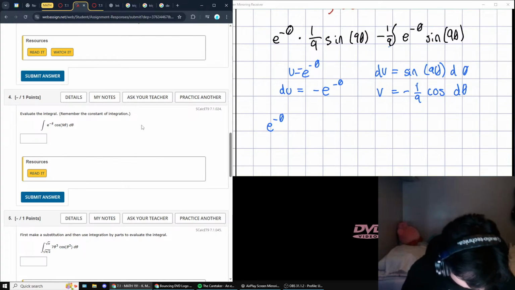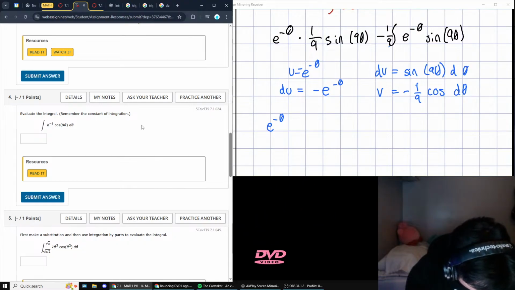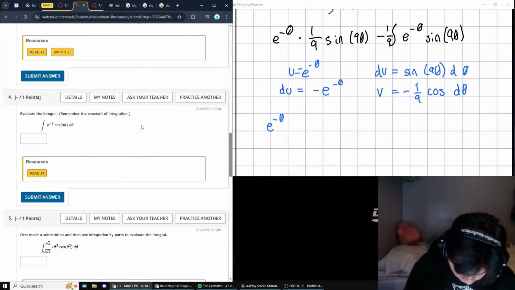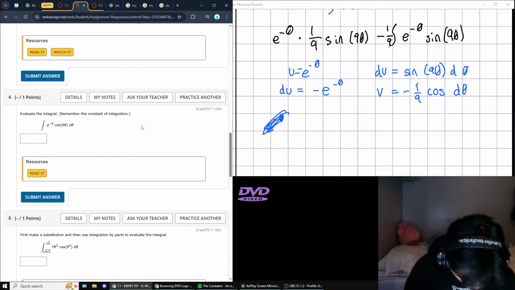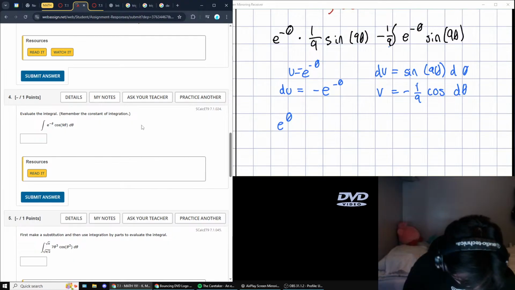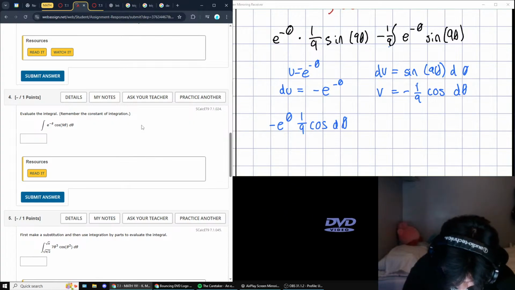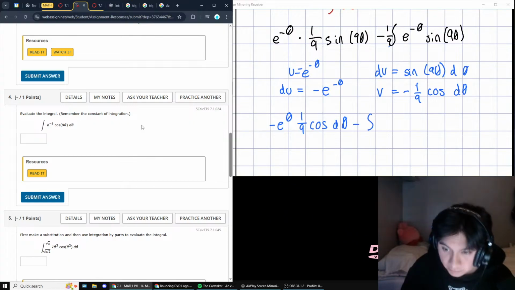Okay, so I was right, and then I, integral.